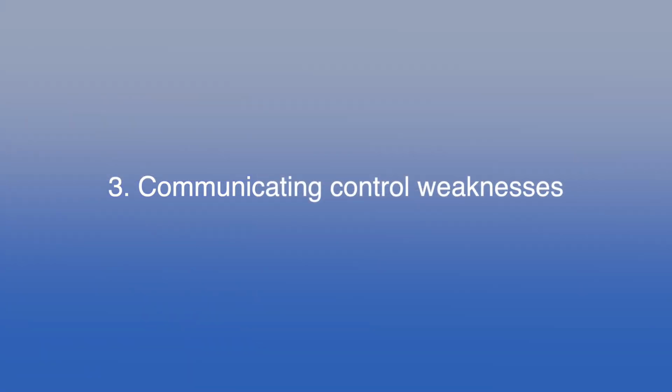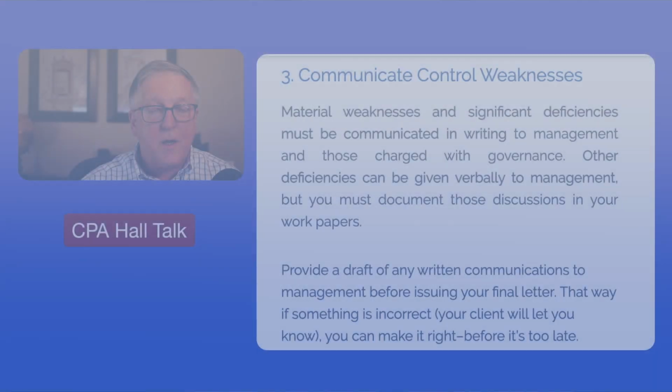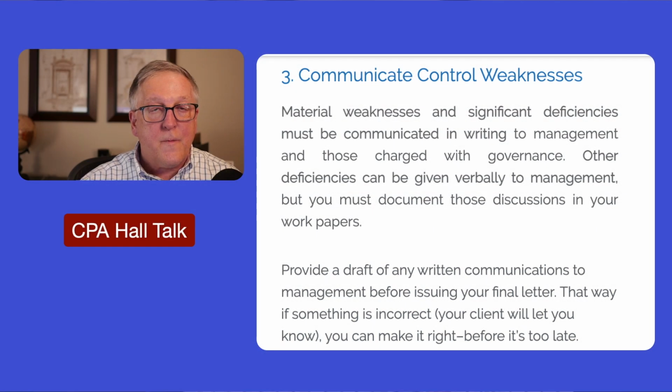Now let's go to that third part of dealing with internal control weaknesses, and this is the piece where we communicate what we have identified and then what we've captured on the internal control weakness form. Now, I said this earlier, but I'm going to repeat it. If you have a material weakness or a significant deficiency, you have to communicate those in writing.